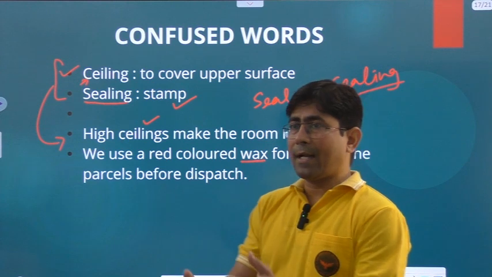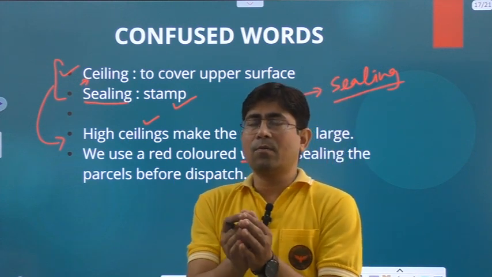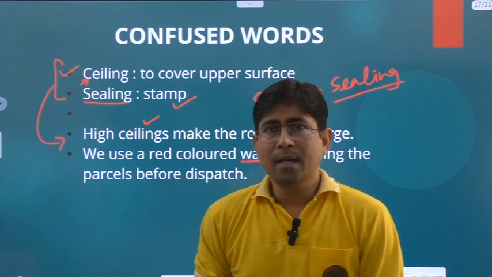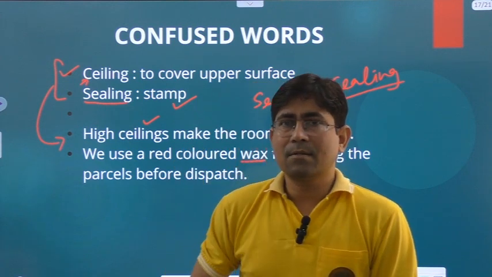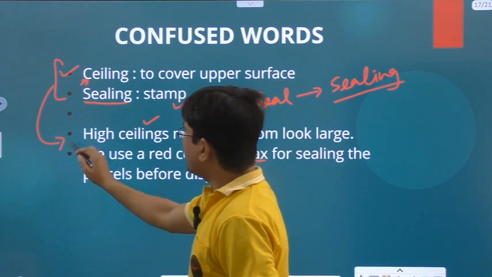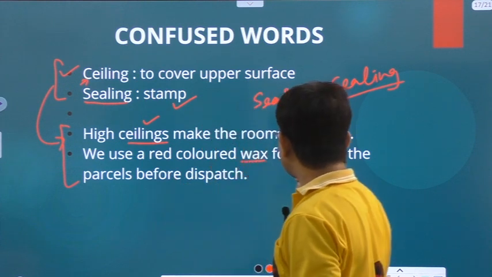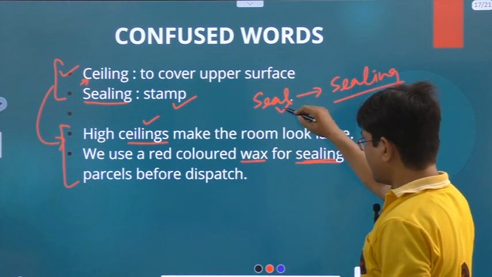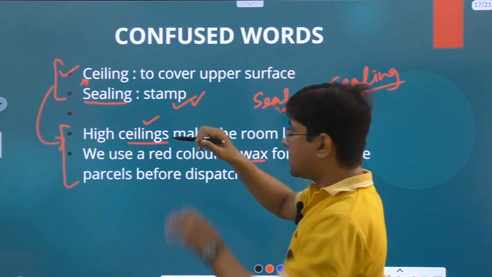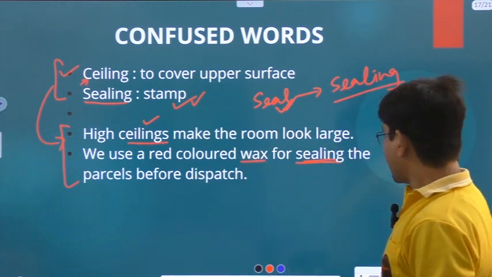So no one can open that parcel, no one can see whatever you have put in that envelope. So this is how you use sealing in your sentences. And this one, sealing, is a seal, stamp, and ceiling is the upper covering of your room.